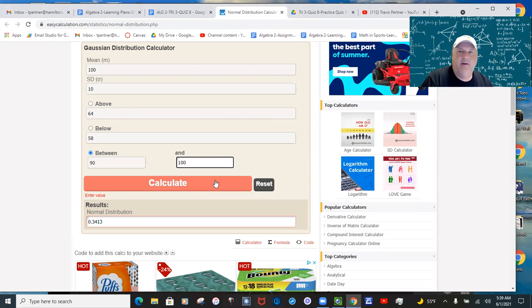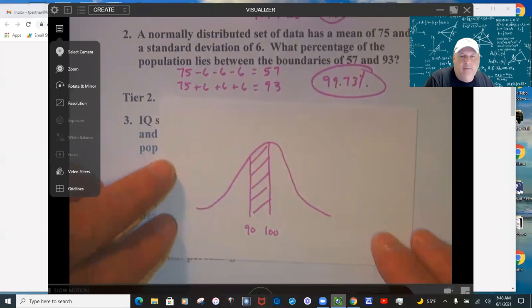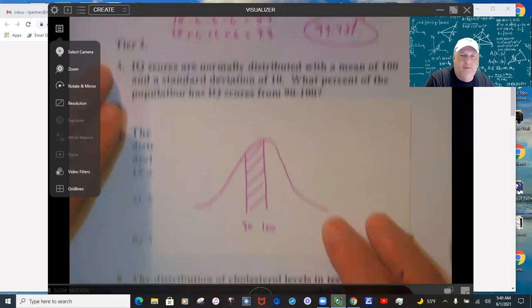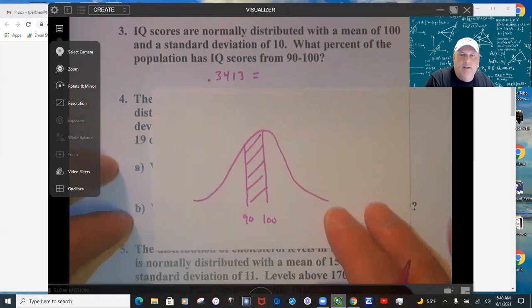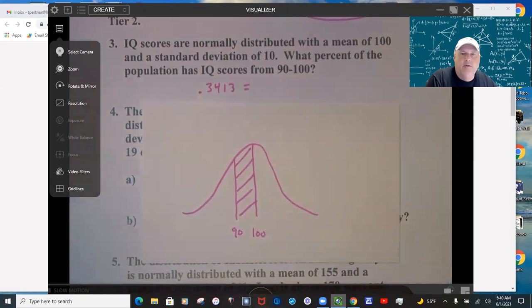So let me put that up here. So like if you had this one that represents this situation, it's calculating the area from 90 to 100, where the mean is 100 and the standard deviation is 10.